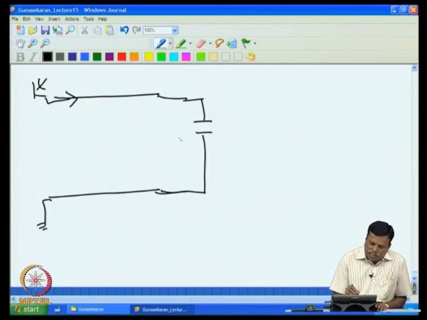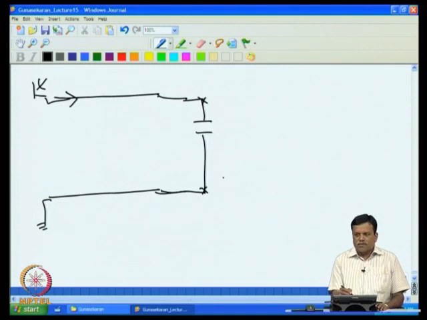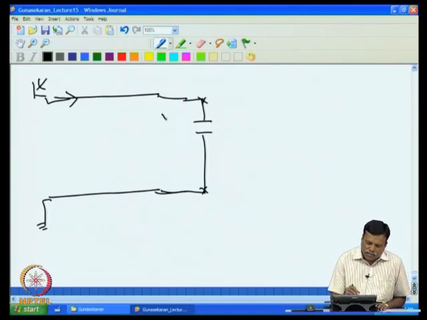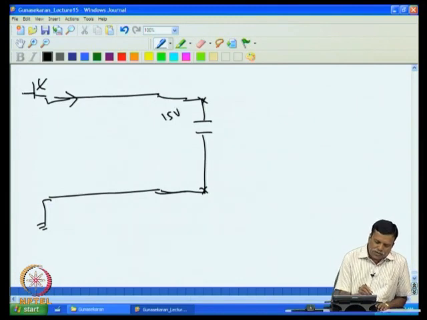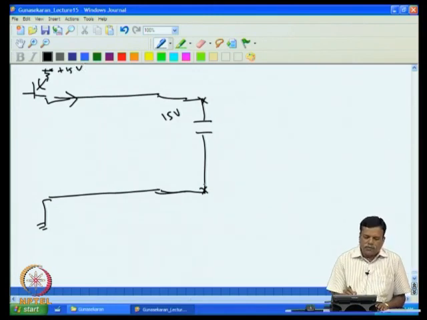If I put a capacitor here, whatever current is coming here will be charging this capacitor continuously, and the voltage across it will continuously increase. How much voltage will it reach? Eventually it will reach 15 volt, because this constant current source is driven through a 15 volt supply here, so it cannot go beyond 15 volt. So it will go to 15 volt eventually, whatever the current may be.